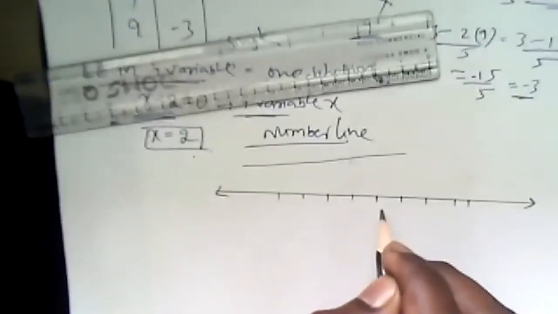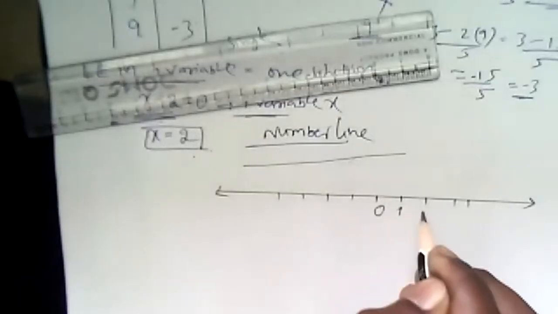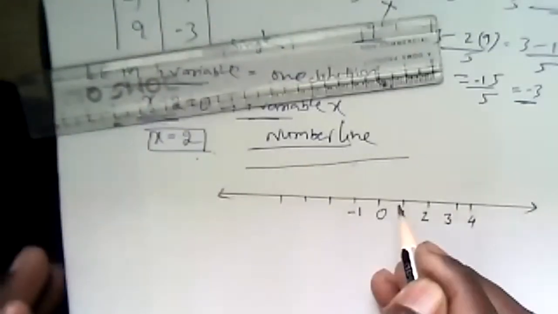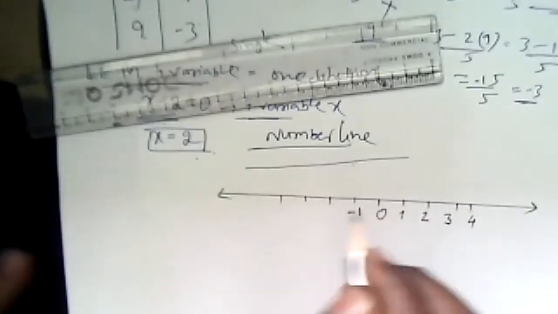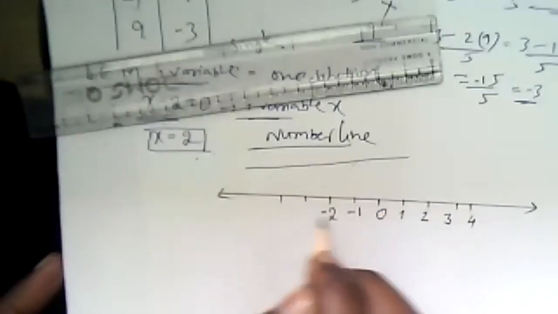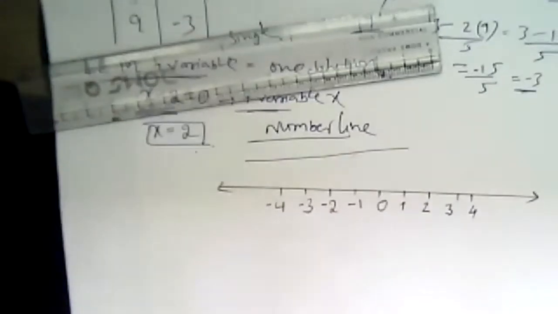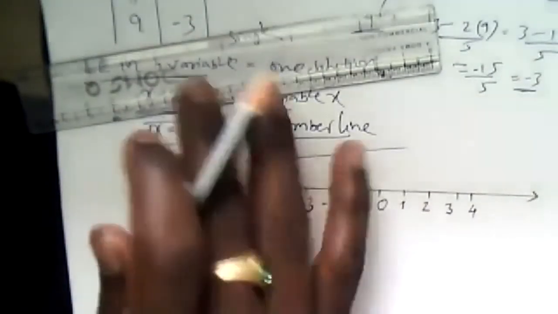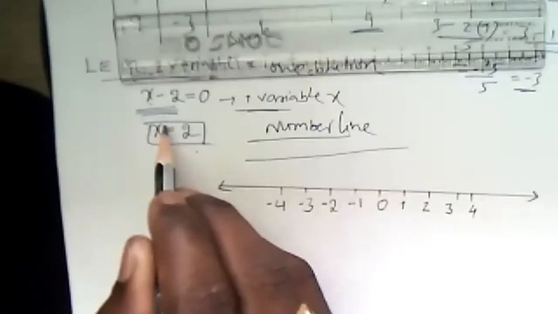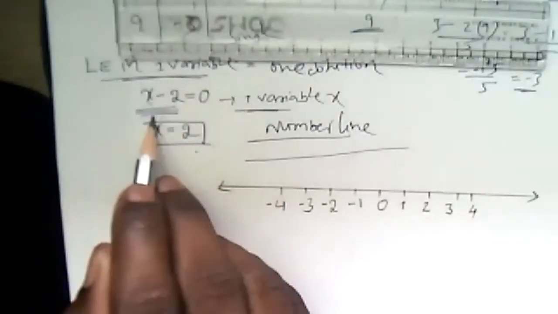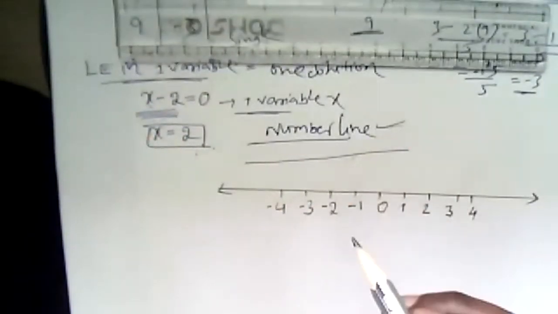Here is the origin 0, then 1, 2, 3, 4, and towards the left of 0 it is -1, -2, -3, -4, like this. This is a number line. Now my question: represent the solution of this equation on the number line.